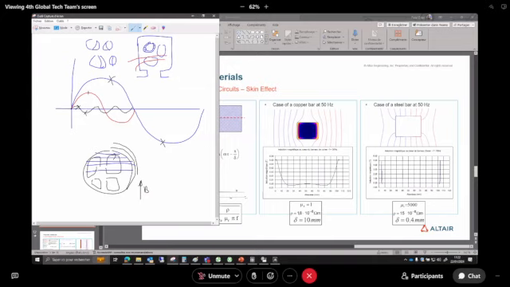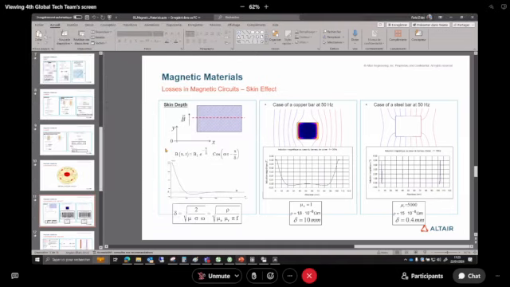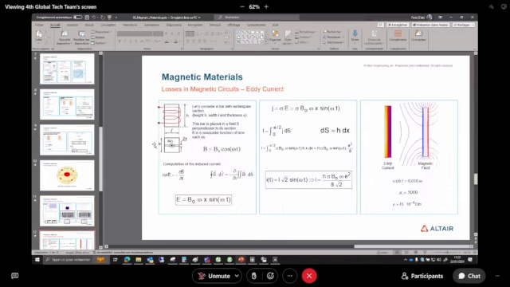So this is why there is a twist technique, and this is why we prefer to split the wires. If you have 4 turns, it's better to use 10 wires in hand for 4 turns. So this is another area where we don't want to have eddy current.